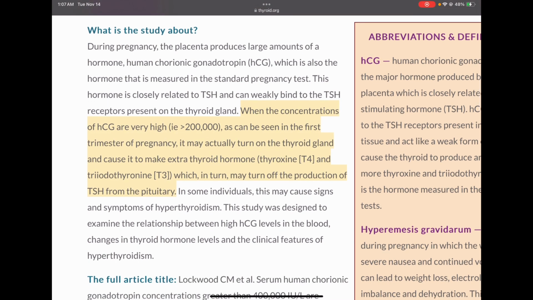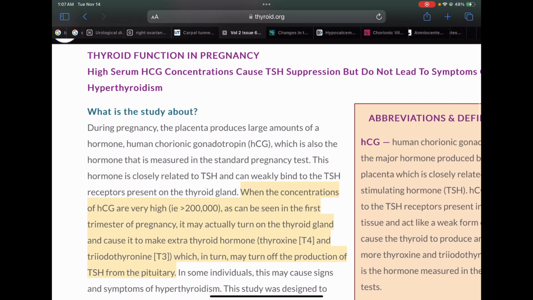The HCG would go to the receptors of TSH, and it would force the thyroid to secrete more and more thyroid hormone, which is thyroxine (T4) and triiodothyronine, which in turn may turn off the production of TSH from the pituitary itself. So the negative feedback goes there, right?